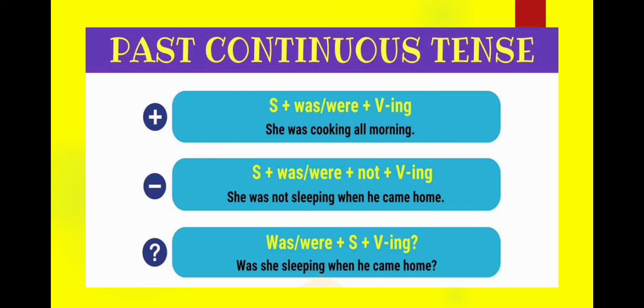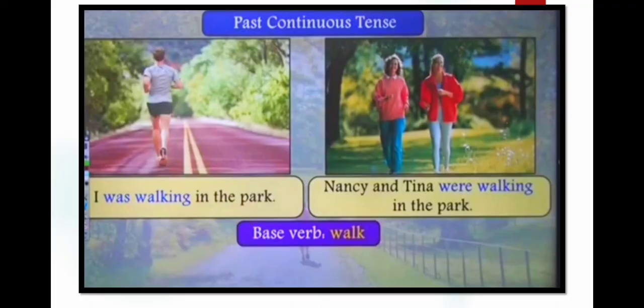To form interrogative sentence, the rule is was or were plus subject plus verb first form plus ing and then question mark. In this rule, subject will be after was or were, and at last we are going to put question mark.